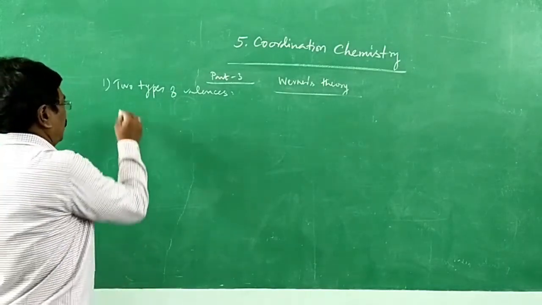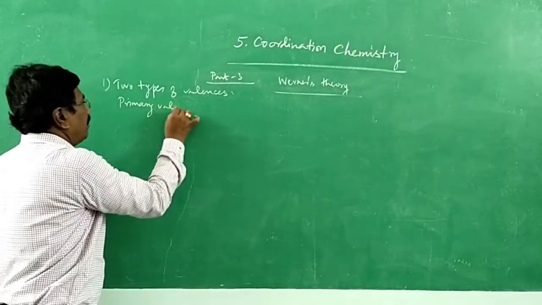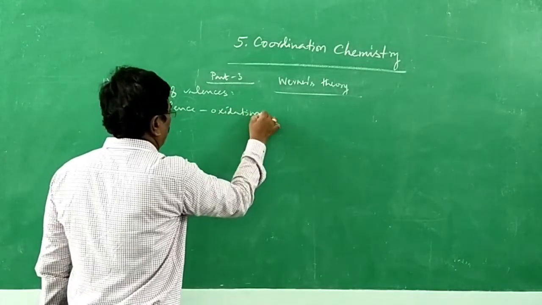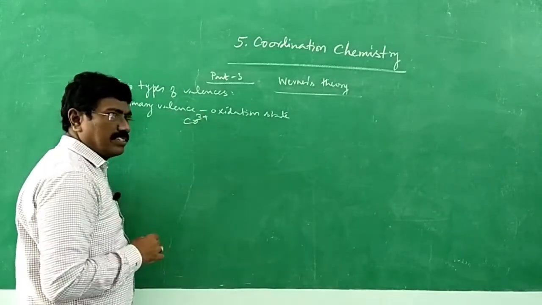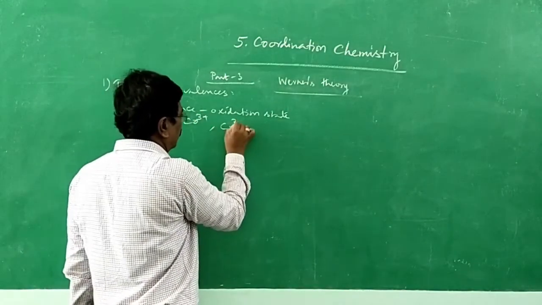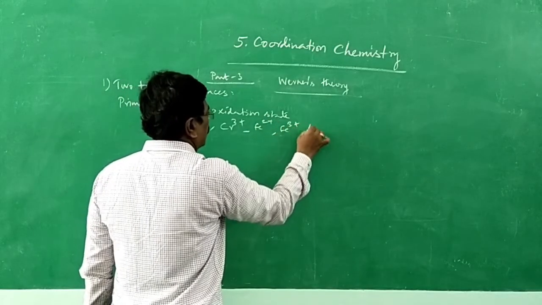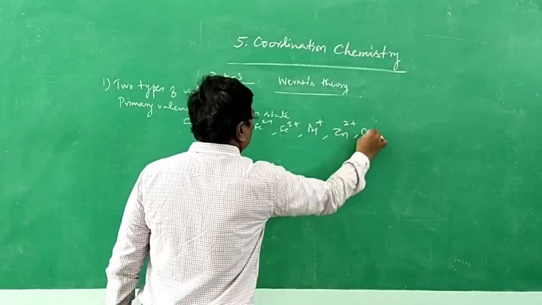Primary valence. What is primary valence? Primary valence is nothing but oxidation state: cobalt 3 plus, chromium 3 plus, iron may be 2 plus or 3 plus, silver plus, zinc 2 plus, copper 2 plus.